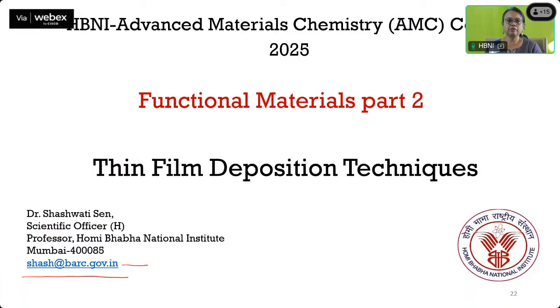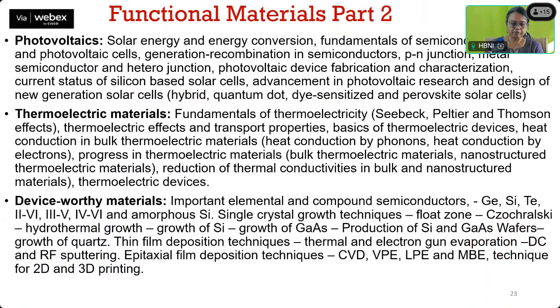Now we come to thin film deposition. Before going into that, briefly, this is the part I am supposed to cover. Photovoltaics and thermoelectrics are there, but I started from the device-worthy materials because I thought it is better.